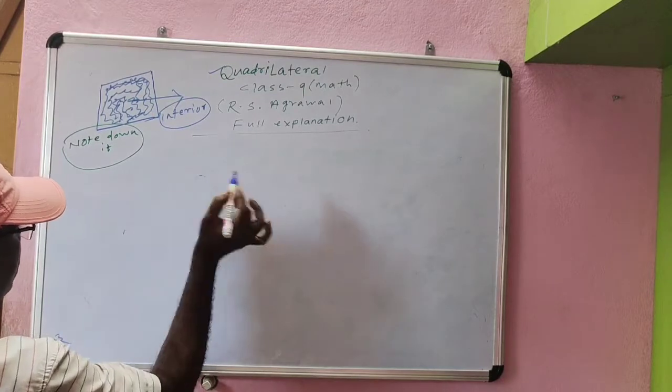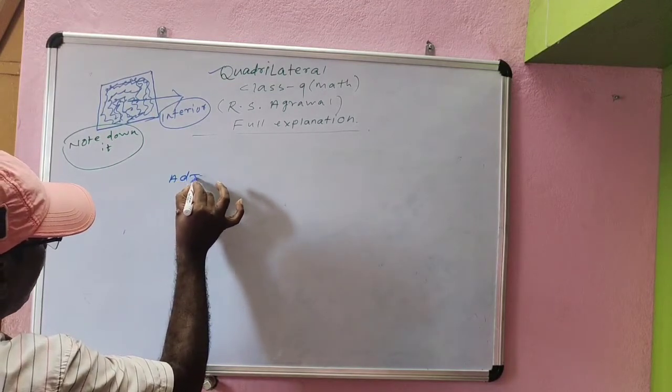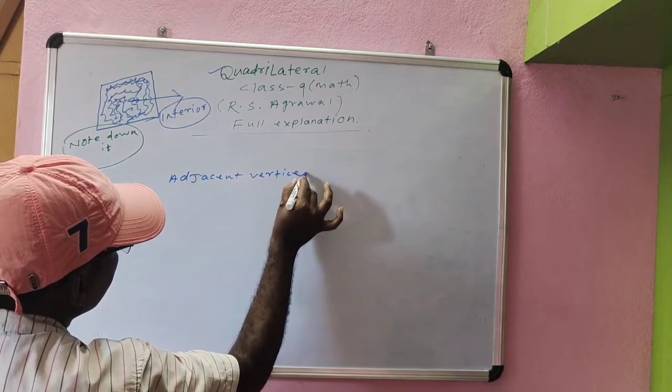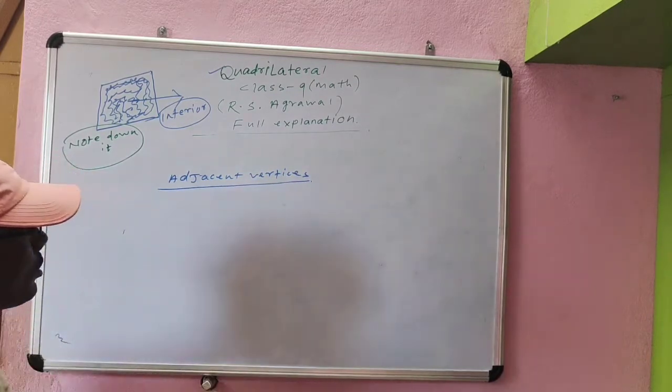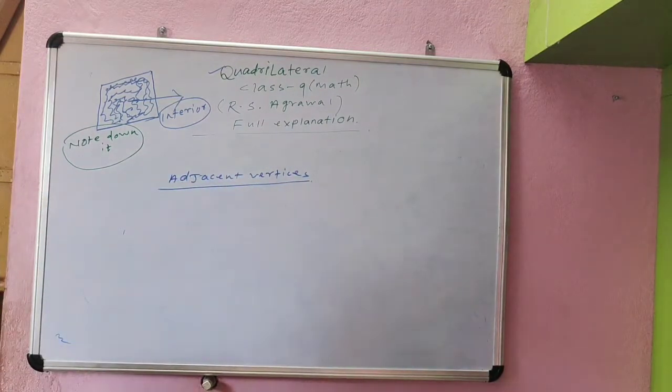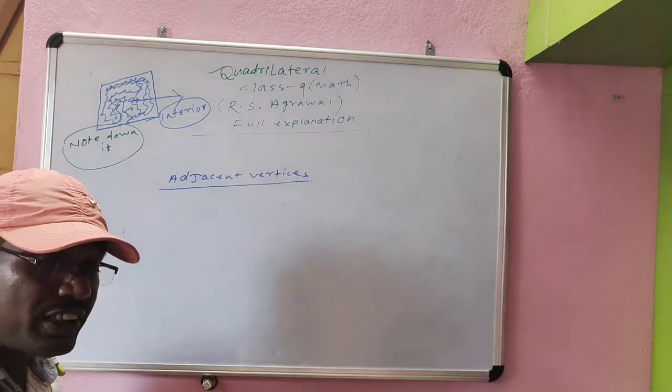Adjacent vertices. What do you mean by adjacent vertices, or what are adjacent vertices?